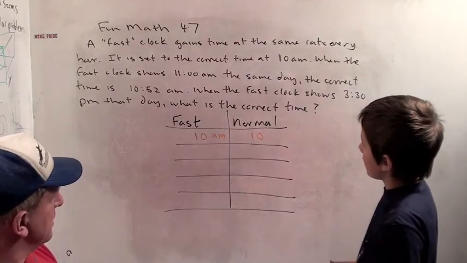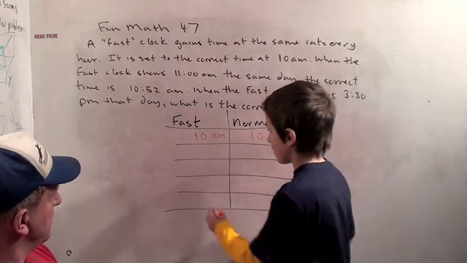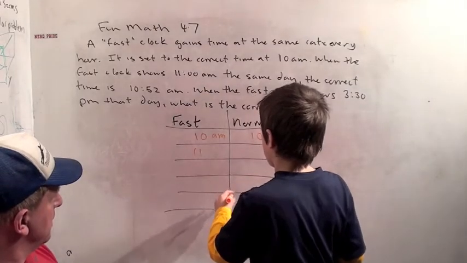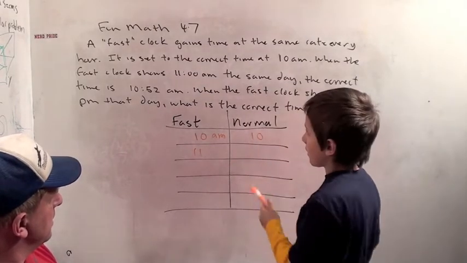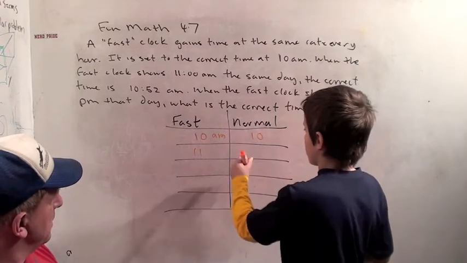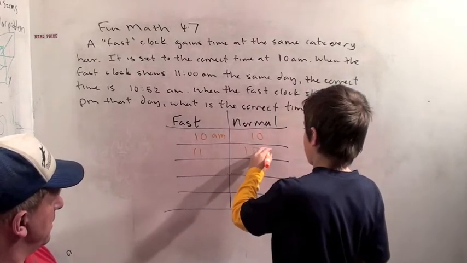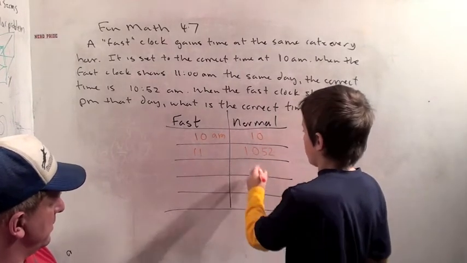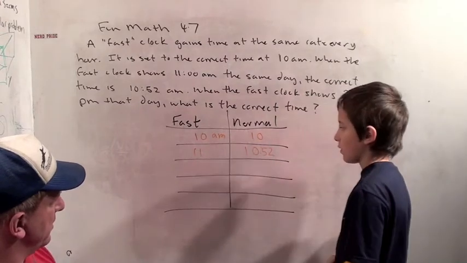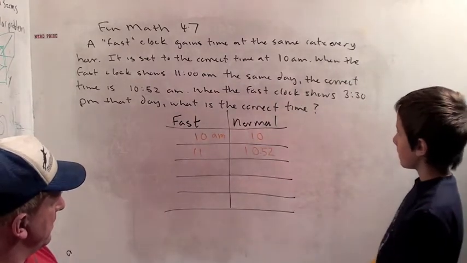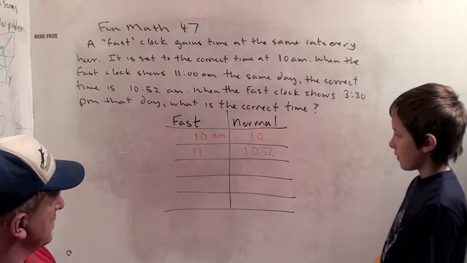Then the fast clock shows 11 a.m., and the correct clock is 10:52. Don't forget those, they're important. What's next in your chart?